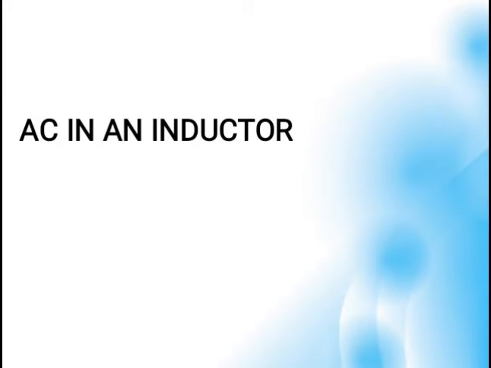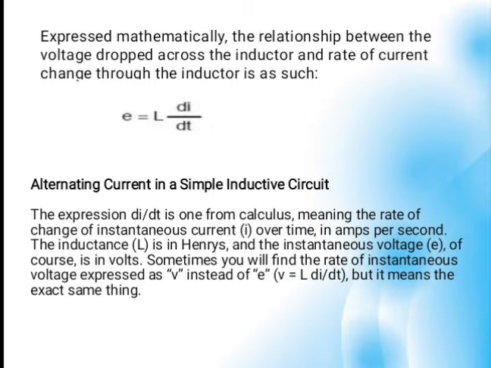Now, let's move on to AC in an inductor. Expressed mathematically, the relationship between the voltage drop across the inductor and the rate of current change through the inductor is as such: E equals L di over dt.